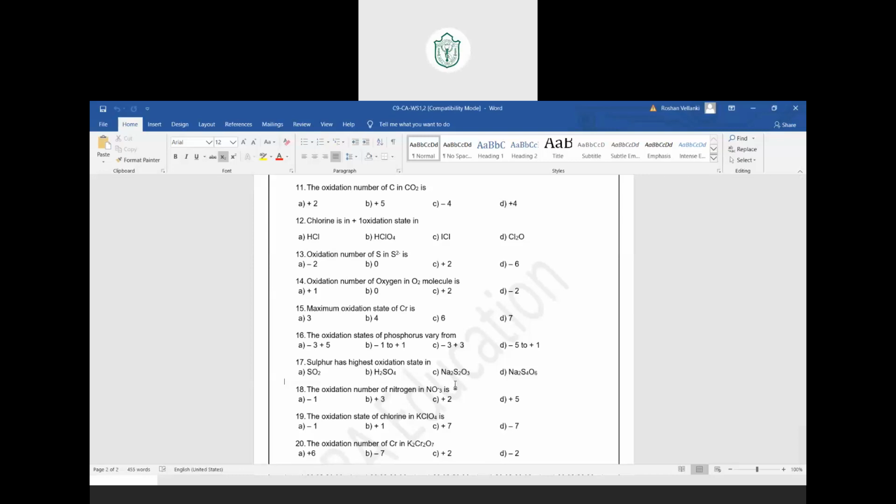Next, sodium tetrathionate, Na2S4O6. 2 plus 4x minus 12 equal to 0. You will get fractions, right?